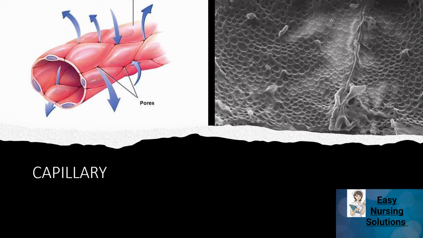These fenestrations allow substances to enter and exit the bloodstream at the cellular level. Capillaries are only a single cell thick, and with the fenestrations they allow nutrients and fluids to enter and exit.